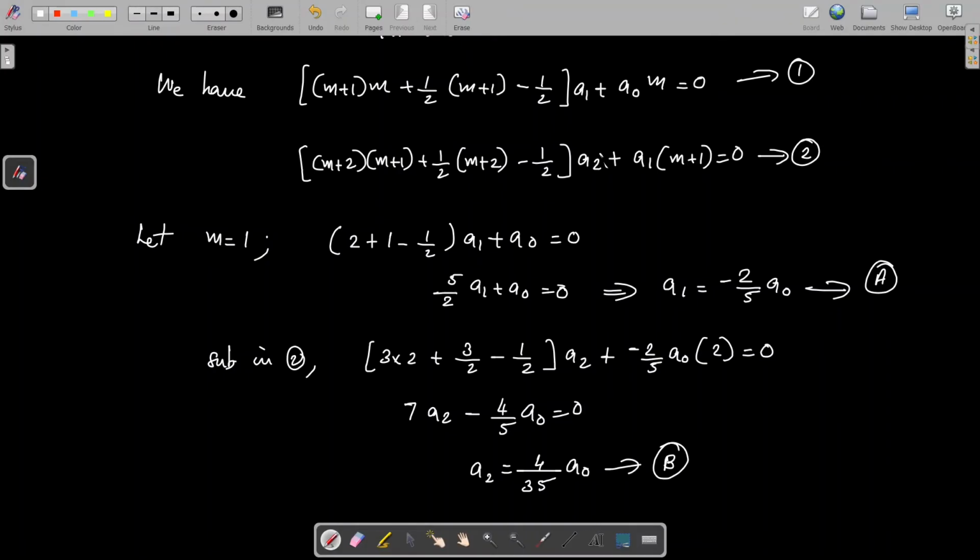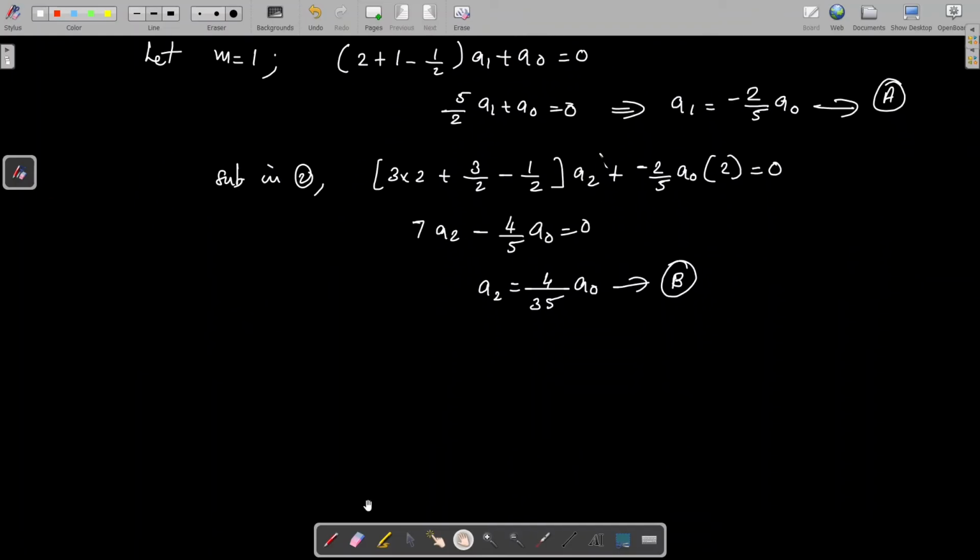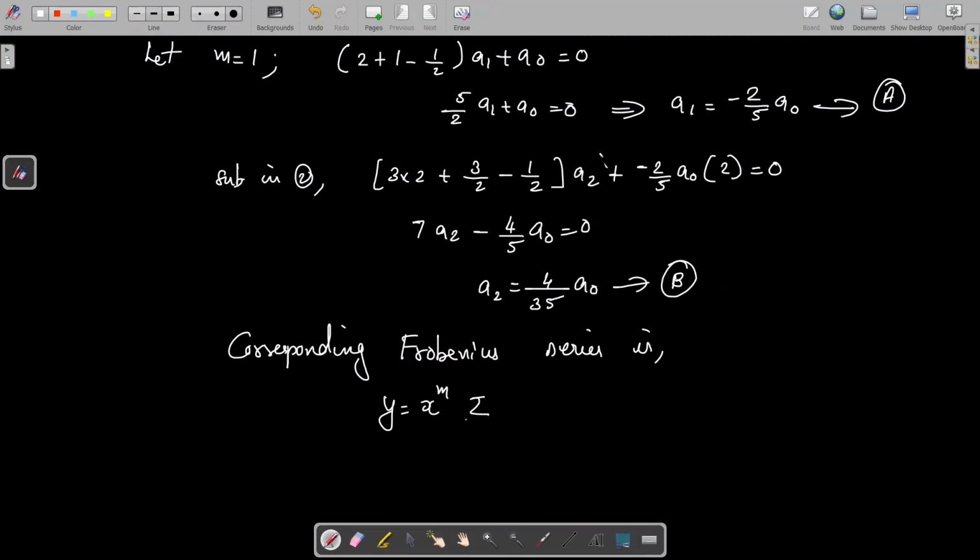So it is enough to write the series. The corresponding Frobenius series is equal to x raised to m into sigma n equal to 0 to infinity a n x to the power n. So that's equal to x raised to m into a naught plus a1 x plus a2 x square plus etc. Here m is equal to 1 in this case.